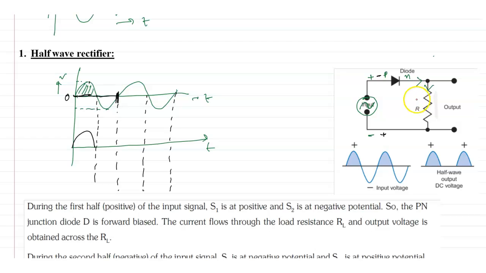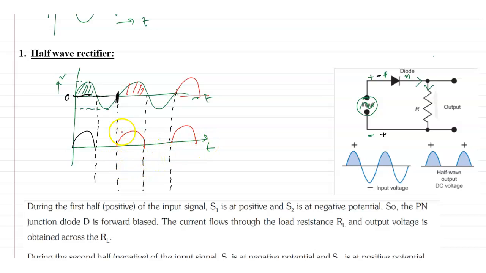Now the diode is in reverse bias, because the potential at the P terminal is negative, so no current will flow in the second half. But in the third half, again we get current for the first half of the second wave, and again no current after that. If I draw another half, we get the output current like this.